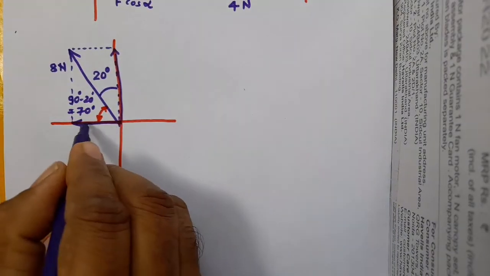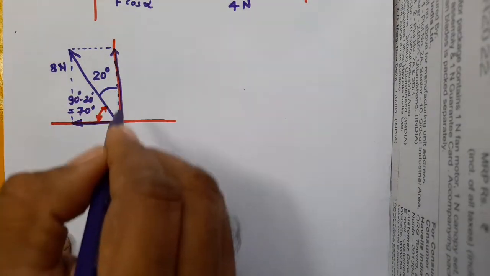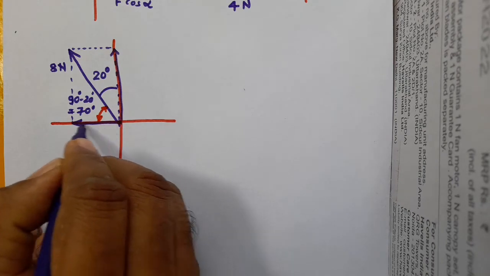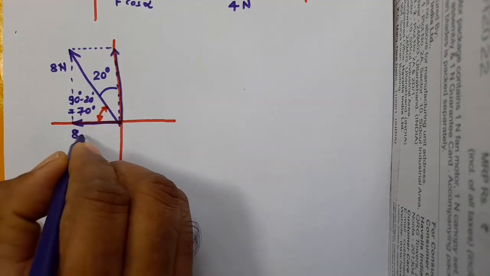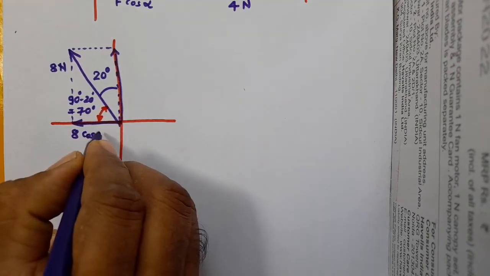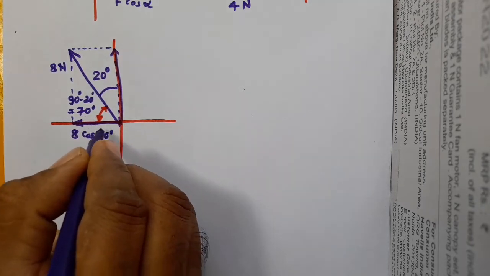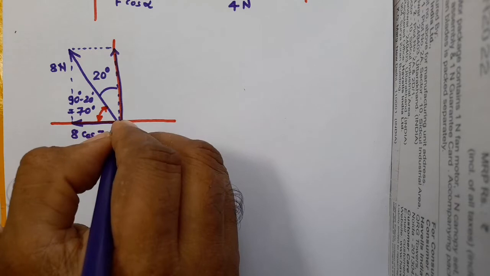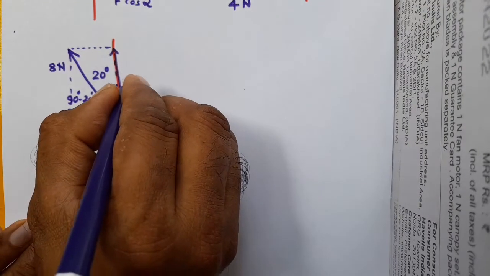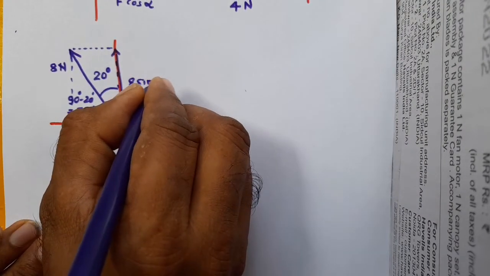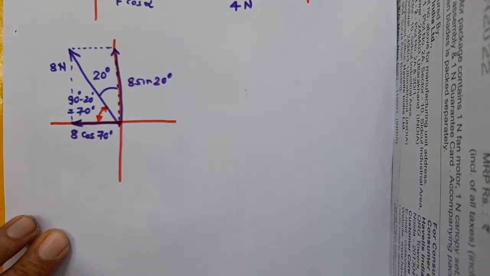See, both these components are drawn away from the origin, and this will be 8 cos of 70 degrees, not 20. This angle is the acute angle made with the horizontal, and this will be 8 sin of 70 degrees.